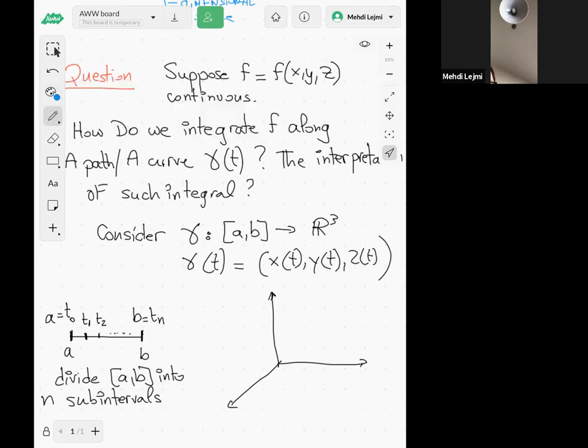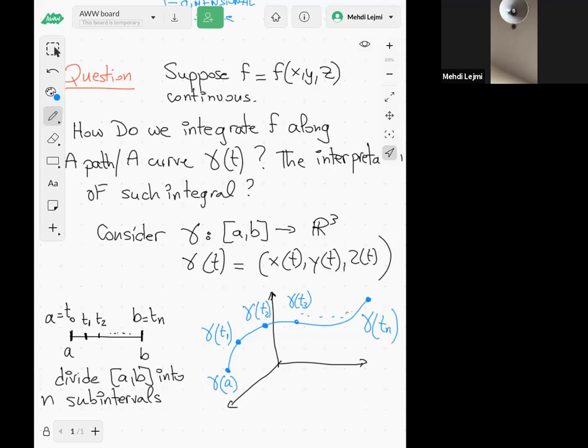This is supposed to be gamma of A. Again, A is your t subscript 0, and then this is gamma of t1, and then gamma of t2, etc. This is, let's say, gamma of t3, and the last point here is gamma of tn.